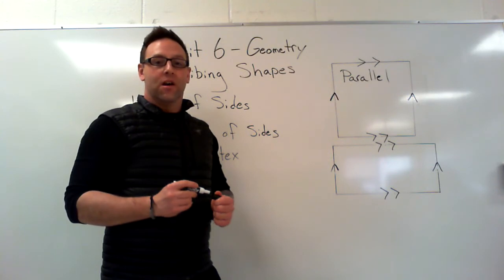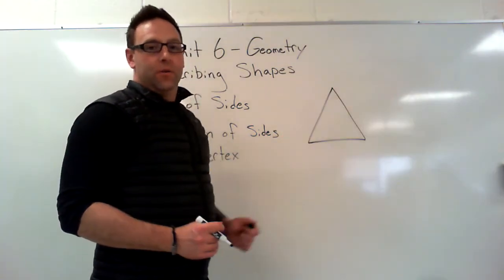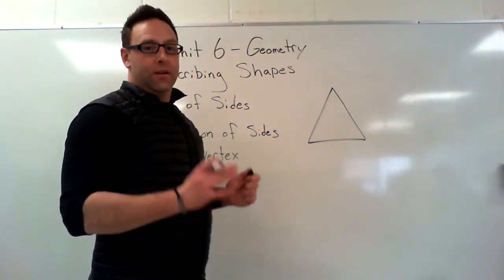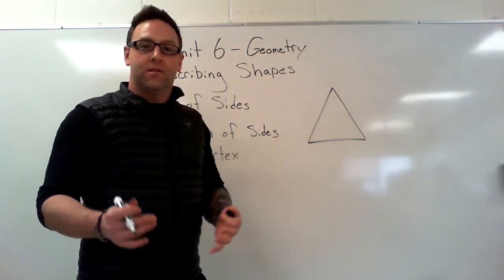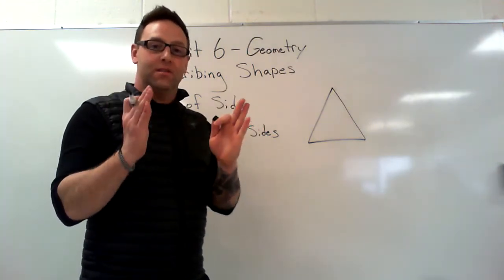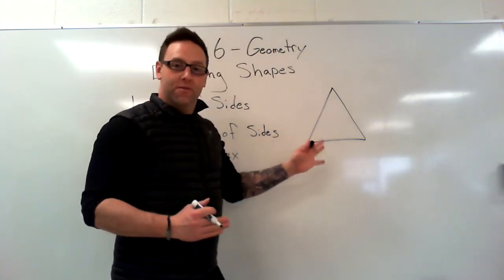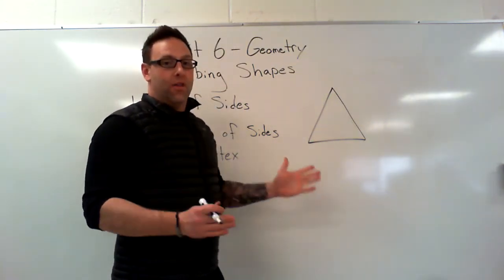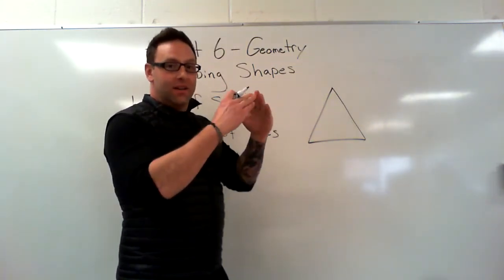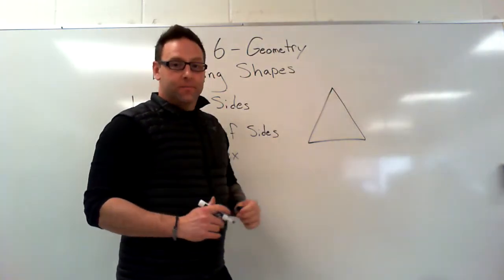Let's take a look at another example. Okay, here's another example. For this shape, I drew a triangle. Now, what did we say about parallel sides? We said that parallel sides are sides that are always going to be the same distance apart and never meet. What do we notice about all of the sides of this shape? Well, they all meet. Each line meets, like a triangle.